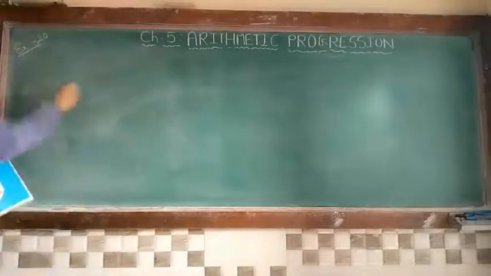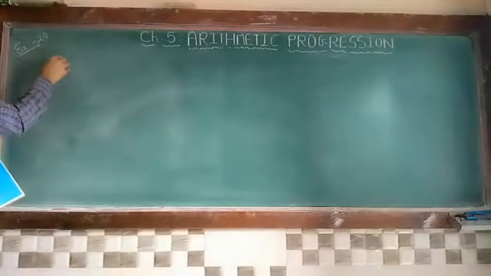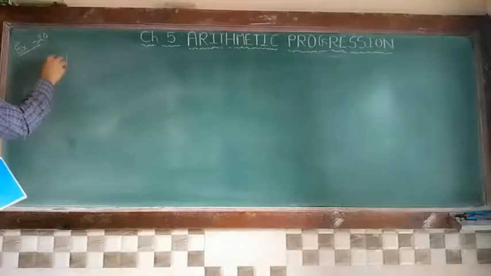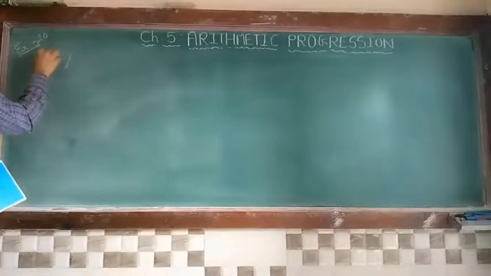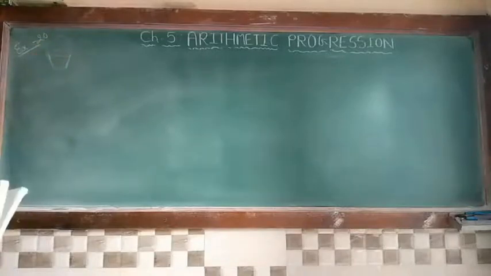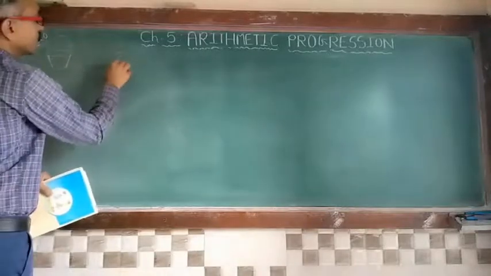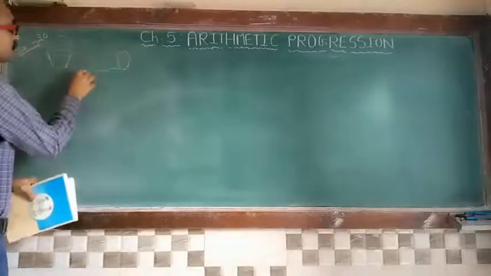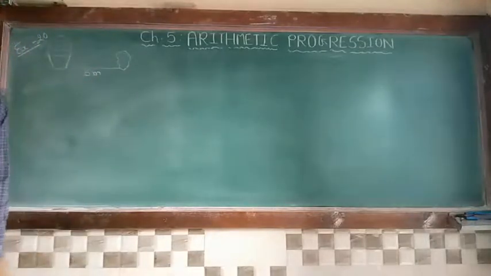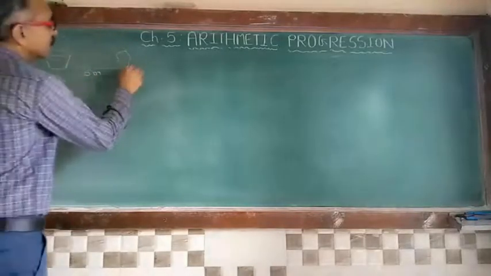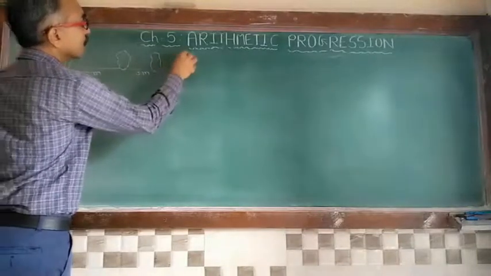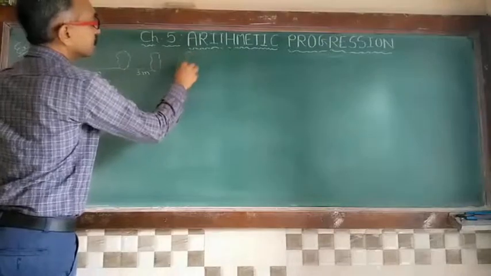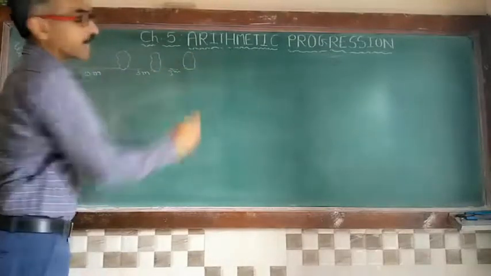That means, see here, one bucket is given to you. Here the first potato's distance is 5 meters. Then the remaining potatoes are 3 meters apart, here 3 meters, again here 3 meters, and so on.